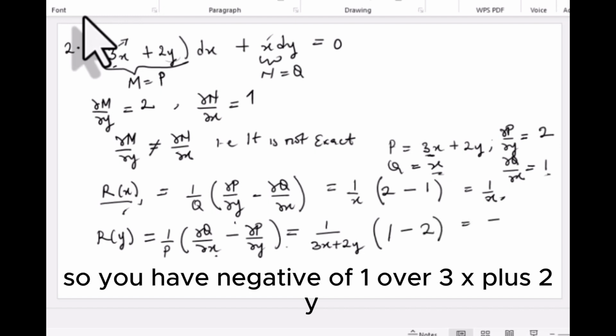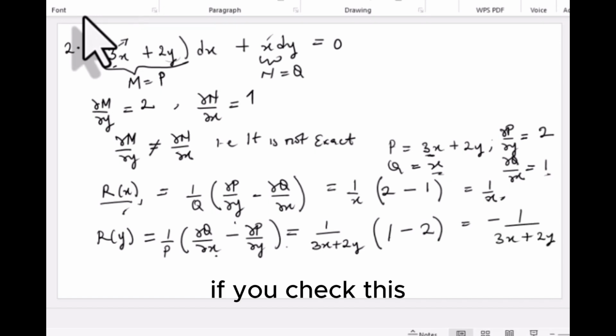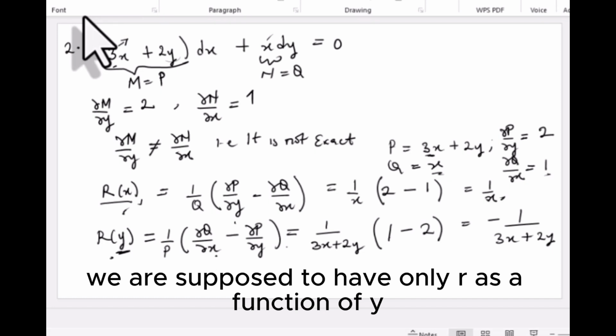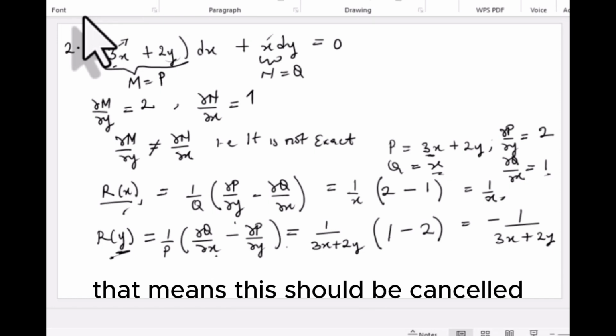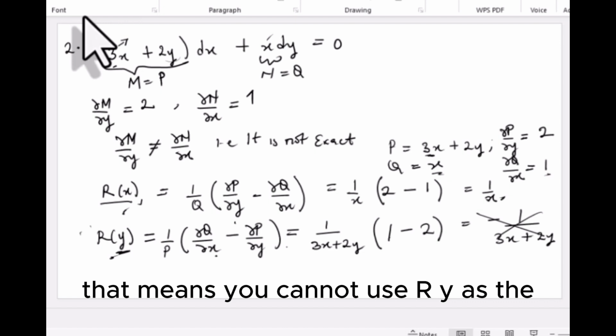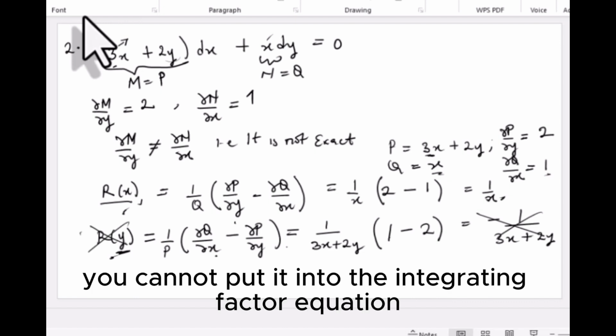So you have negative 1 over 3x plus 2y. If you check this, we are supposed to have R as a function of y only without having x. That means x should cancel, but it does not. That means you cannot use R(y), as you cannot put it into the integrating factor equation.